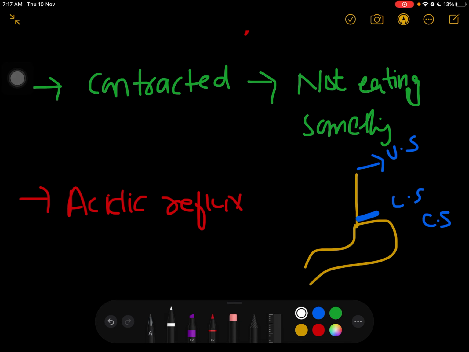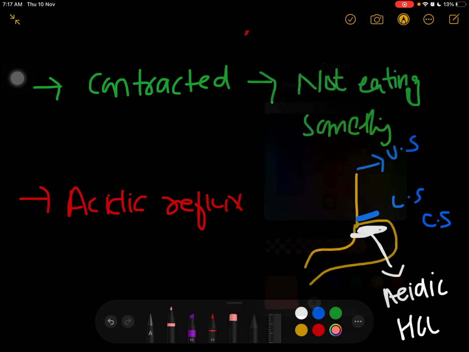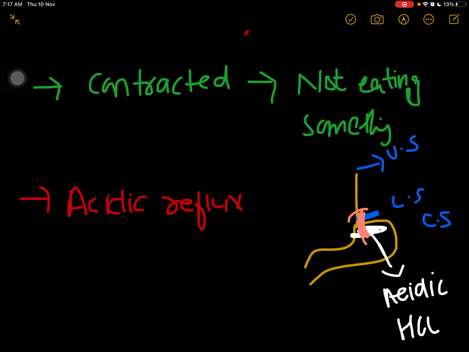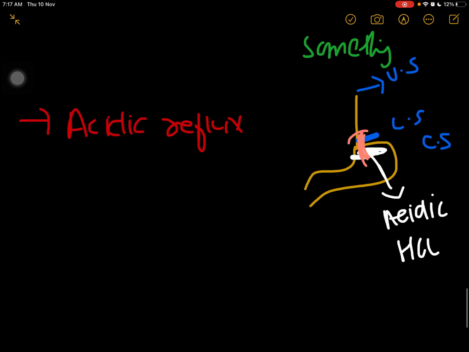From here, obviously this is the stomach, right? And here it is made up of acidic content. It contains HCl. So it stops the acidic reflux, like maybe there is a condition in which the acidic content goes upwards, so it stops that, right? This stops us from the acidic reflux.